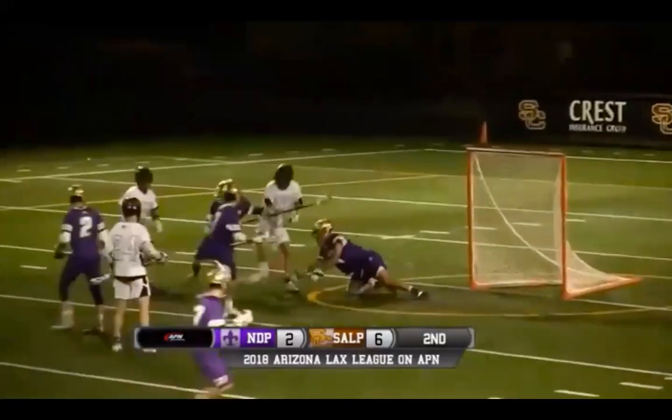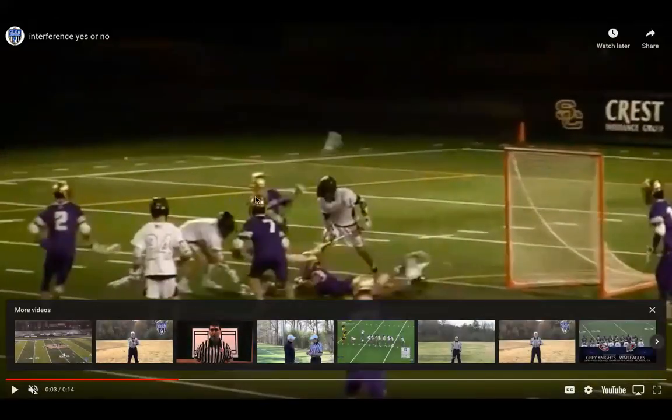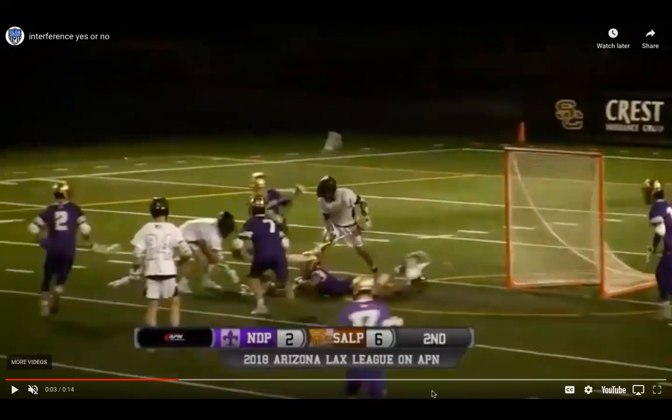Hey, Gene. Yeah, go ahead. What about the goalie if the ball is trapped and he's in the process of breaking it to pop it up and to maintain possession? If the goalie is trapping the ball underneath his cross, he can still be stick checked. If he's in the process of raking the ball, the biggest thing is he does not possess it.